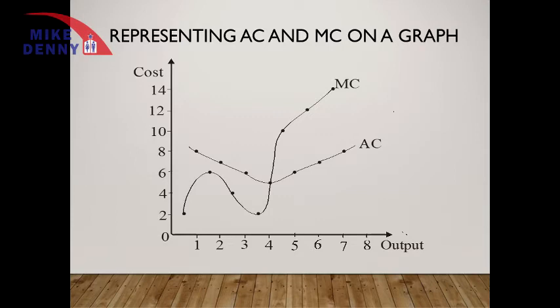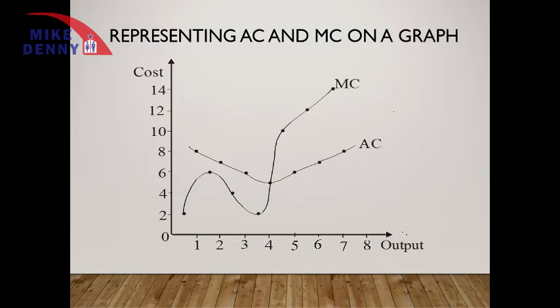When output is 5, average cost is 6. When output is 6, average cost is 7, midway between 6 and 8. And finally, when output is 7, average cost is 8. So that's how these points were obtained.